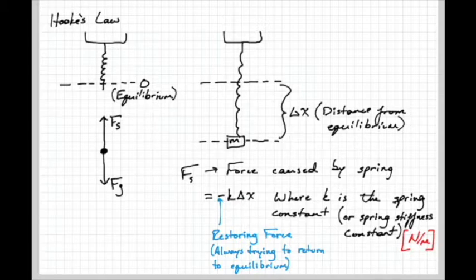So an upward displacement, positive, times a negative k, means a negative spring force. So the negative is put there so that no matter which way it moves, the spring force is always trying to return the box back to equilibrium. Okay, and so that expression, spring force is negative k delta x, is what we refer to as Hooke's law.